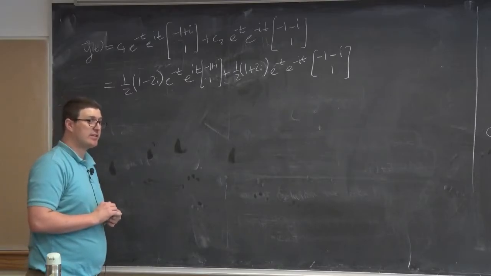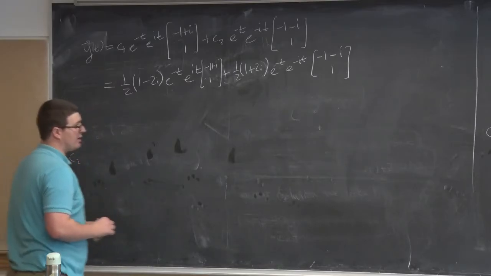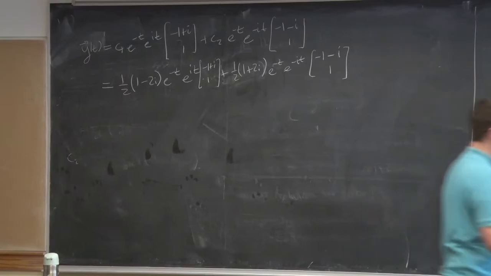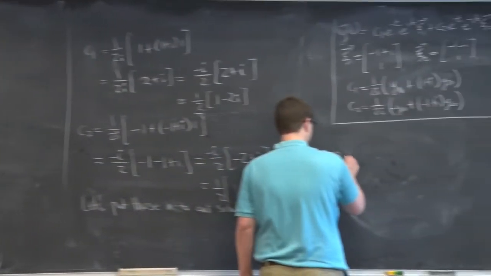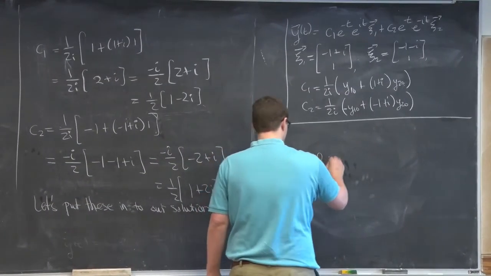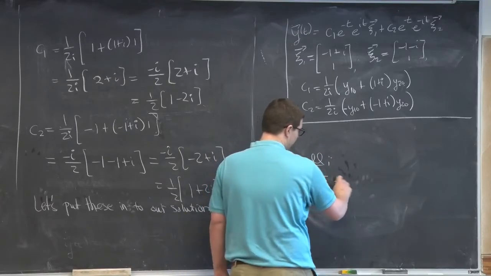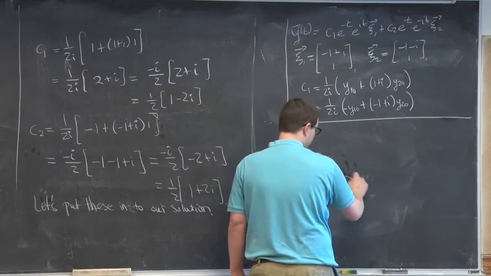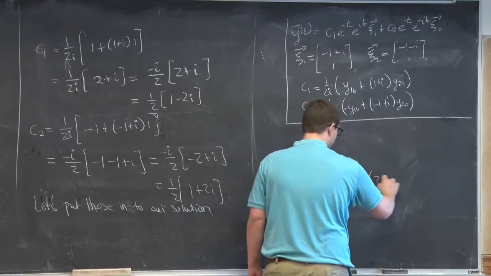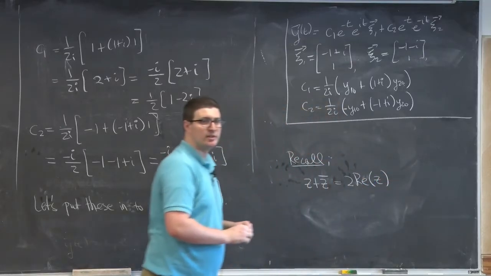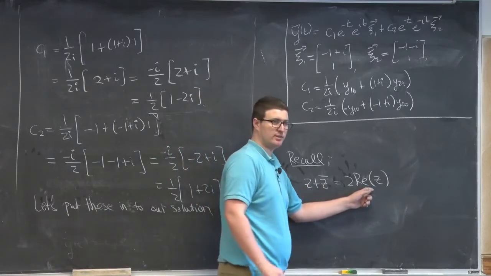Yeah, you get the cosine. But let's recall that z plus z bar is 2 times the real part of z. So this is a real number.